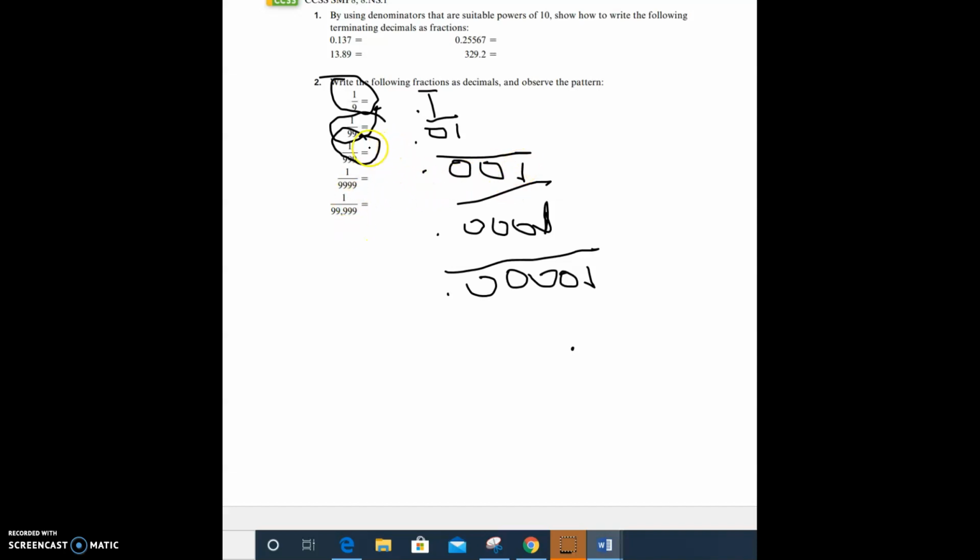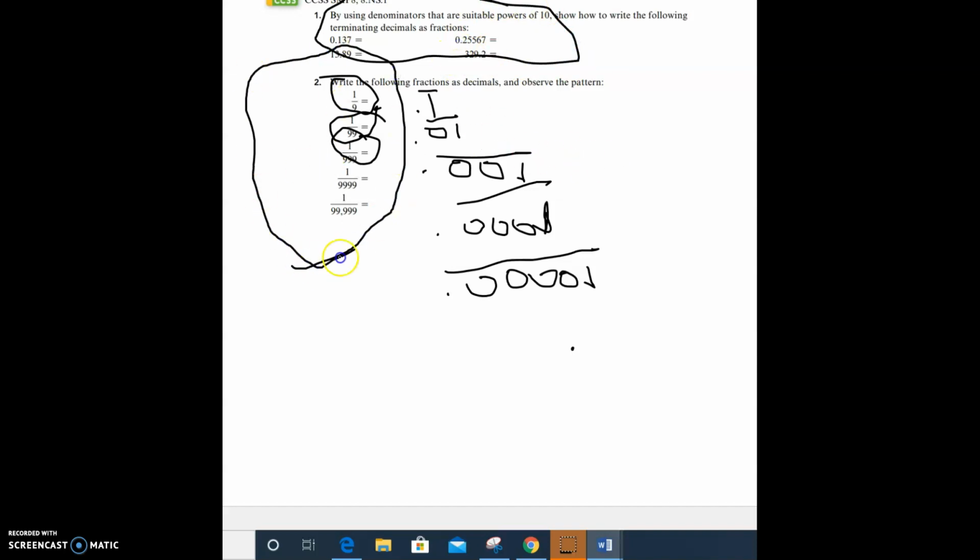But these are just kind of not quite that, and then there's always that 01 left over, 01 left over, because this you'd have 100 minus 99, so you get 01 left over, and then this would be 1,000 minus 999, so then you'd have that 0.001 left over, and so forth. So you can kind of see why those make sense. All right, so hopefully you noticed something about these that kind of made them terminating. And so hopefully you're looking at some pattern here that's making these be repeating.